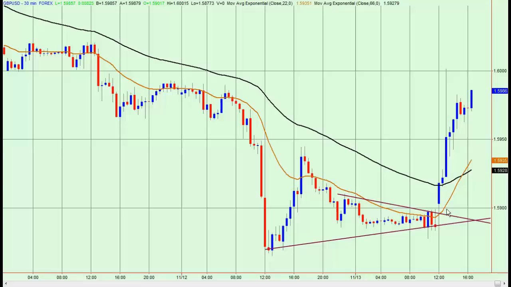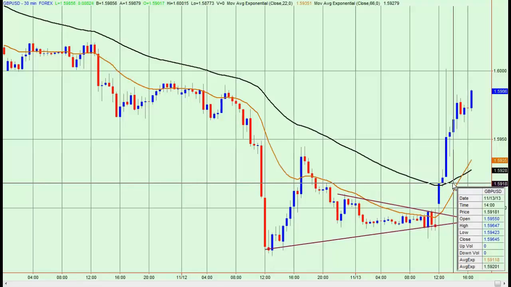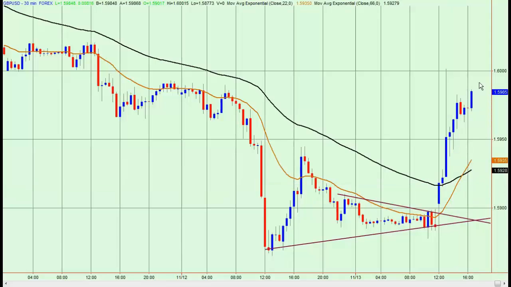So you could have either got the break of this trend line here, you could put in a pre-planned buy order somewhere around about this high, or you could have actually then bought off this confirmation of this candlestick here and bought in around about the 159.20 area, in which case you'd be sitting at around about a 65 point gain, or an 80 point gain had you got in slightly earlier.